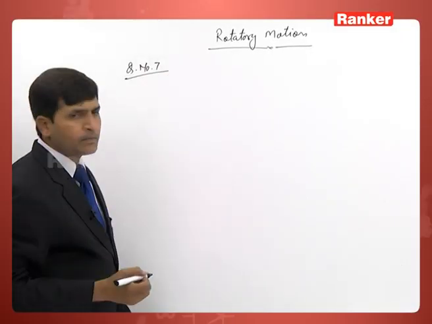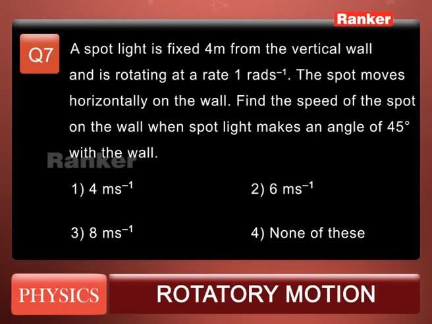Now see question number 7. The question is this: a spotlight is fixed 4 meters from the vertical wall and is rotating at a rate of 1 radian per second. The spot moves horizontally on the wall. Find the speed of the spot on the wall when the spotlight makes an angle of 45 degrees with the wall.